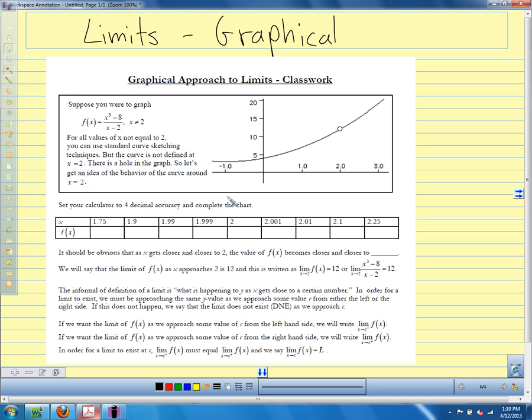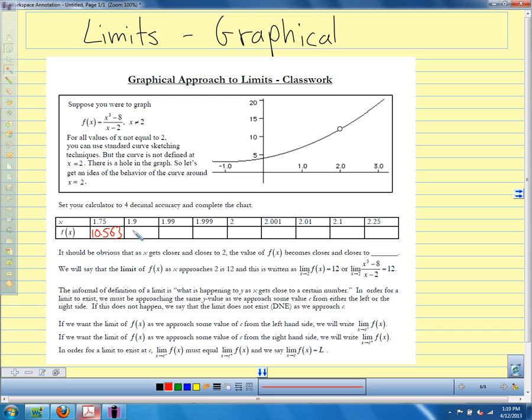This chart says set your calculator for decimal accuracy, and we want to complete the chart. We're not going to go through all the calculations, but if we plug x equals 1.75 into this function, our function value comes out to be about 10.563. So at 1.75, we're at about 10.5 units.